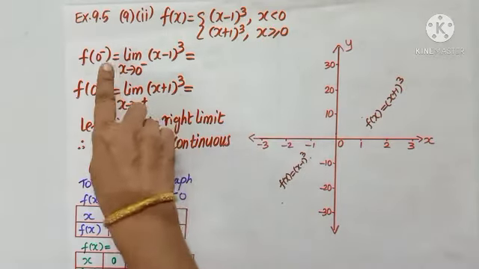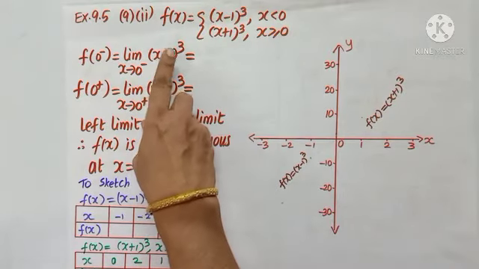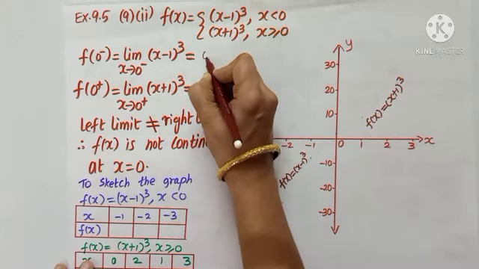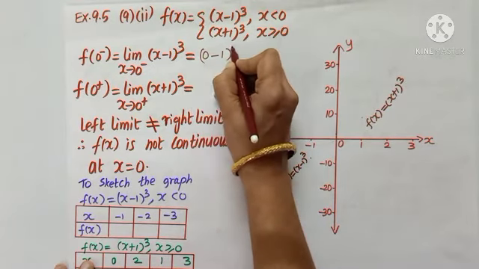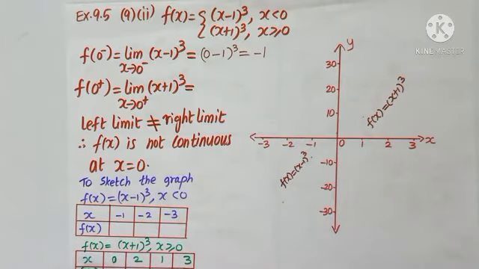When it is left limit, below 0, substitute here 0 minus 1 the whole cube. My answer is minus 1 the whole cube, which is minus 1.